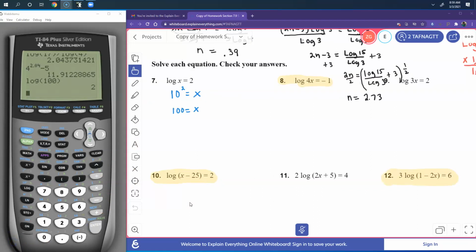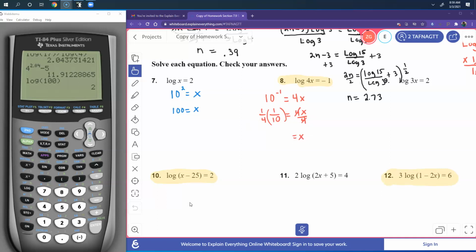Number 8, I have 10 to the negative 1 power is equal to 4x. So 10 to the negative 1 power is actually 1 over 10. When I divide by 4 to both sides, I'm actually multiplying by 1/4.